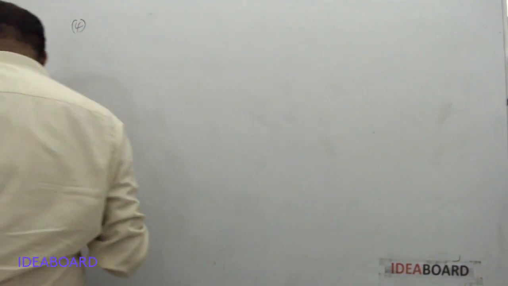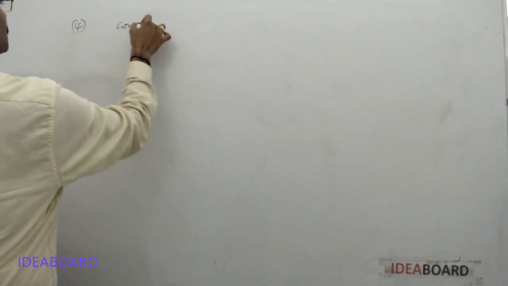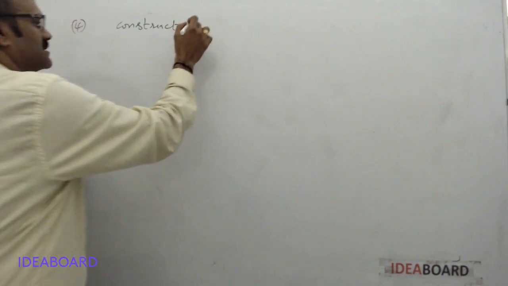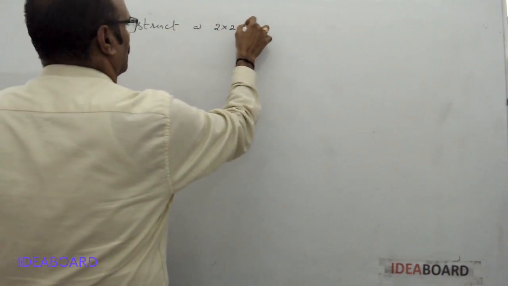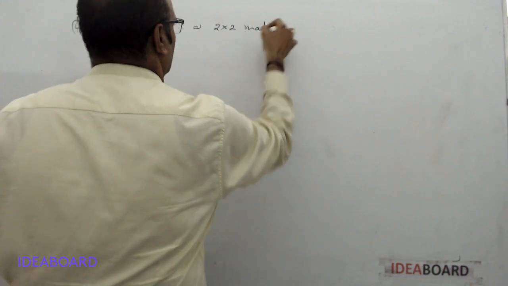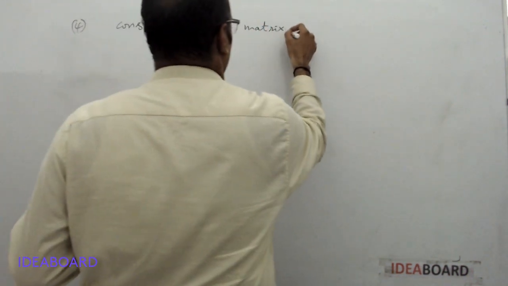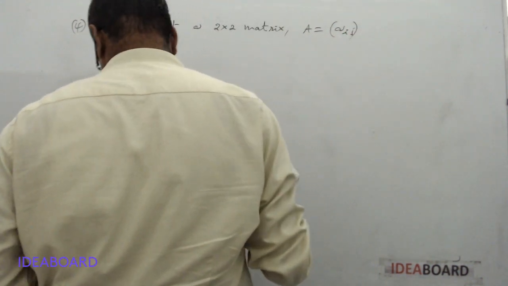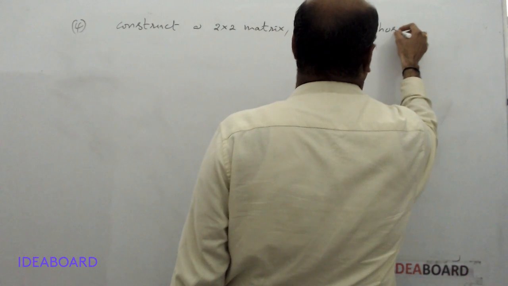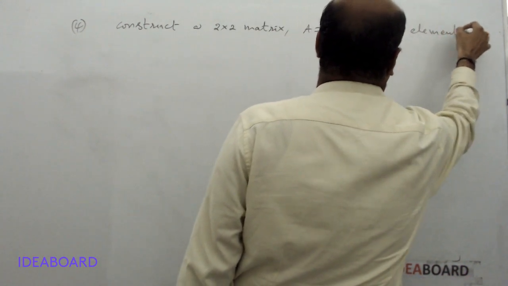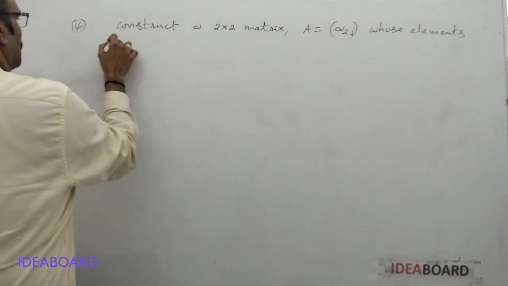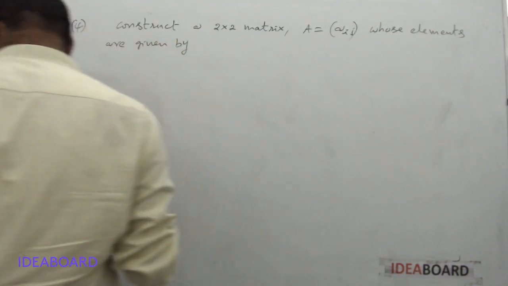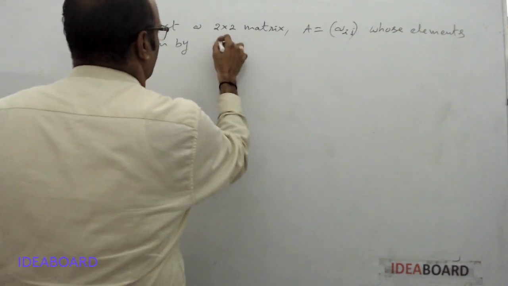Fourth problem. Construct a 2 by 2 matrix A equal to Aij, whose elements are given by 1.